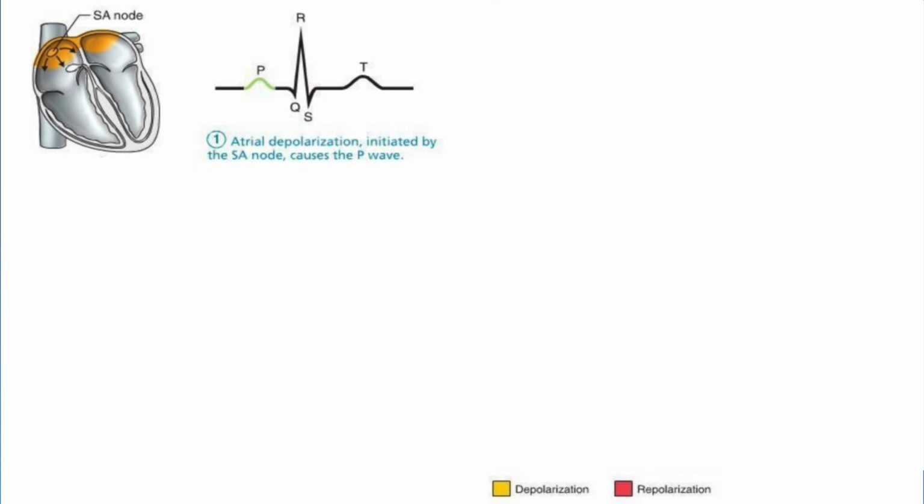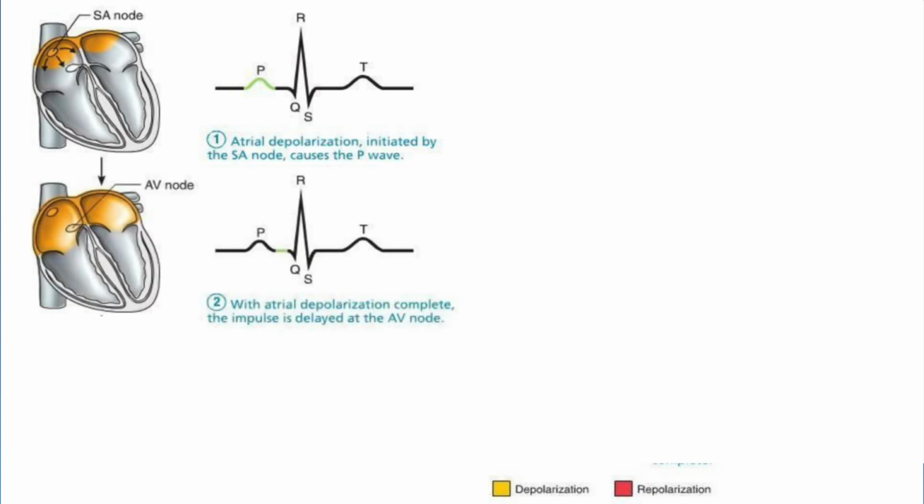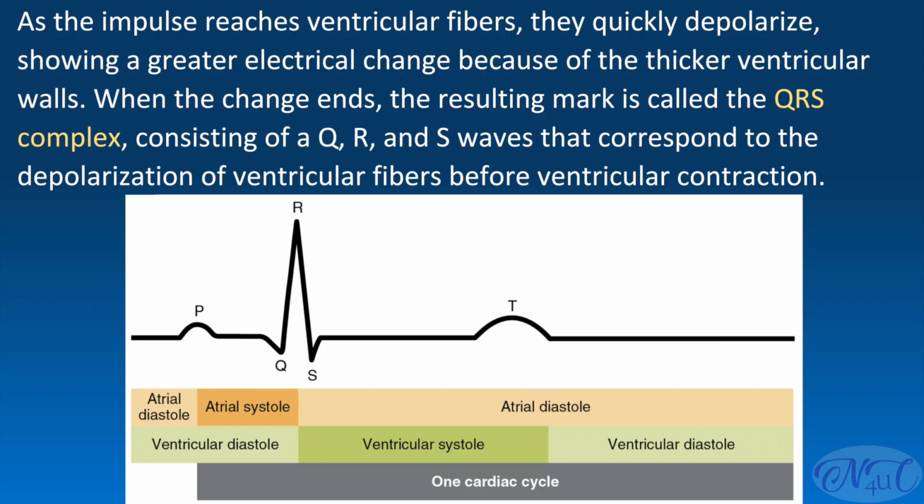The normal duration of the P wave is 0.04 to 0.11 second. P waves that exceed these measurements are considered to deviate from normal. As the impulse reaches ventricular fibers, they quickly depolarize, showing a greater electrical change because of the thicker ventricular walls.